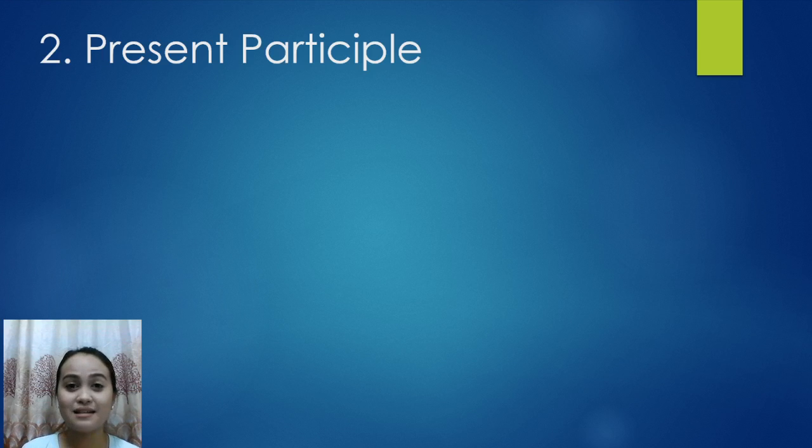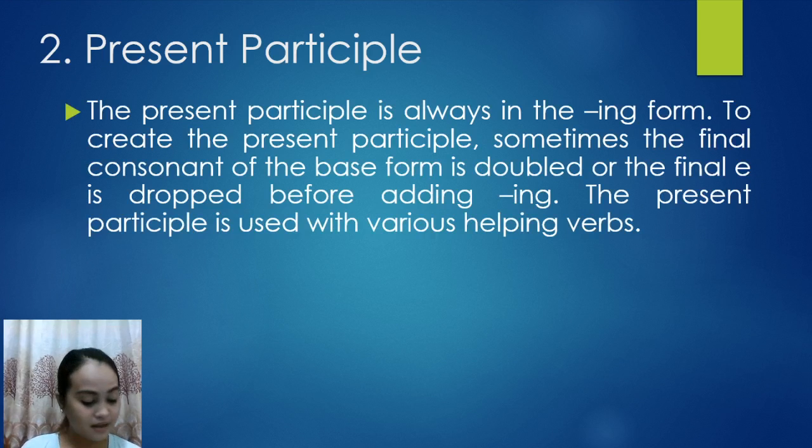Second, present participle. The present participle is always in the ing form. Again, ing form. To create the present participle, sometimes the final consonant of the base form is doubled or the final E is dropped before adding ing.